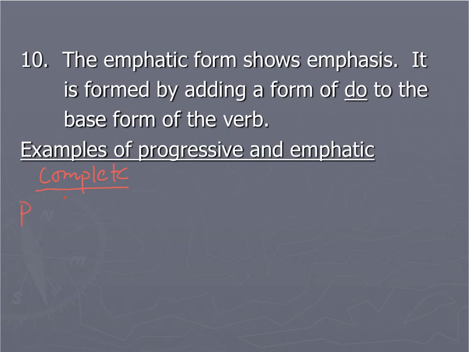So let's take a verb like complete. We want to put it in the present progressive. And that's going to be, we could say am, a form of be, am, is, or are, and then it's going to be completing, because it's always ing.